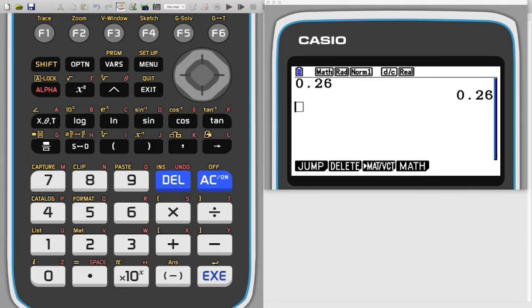Okay, and then what we need to do is we will enter pi over 12. So fraction button, shift pi. We're having a little bit of problem with the mouse on my computer. We'll try again.